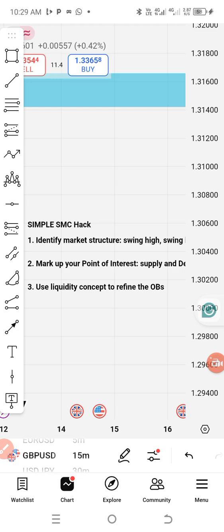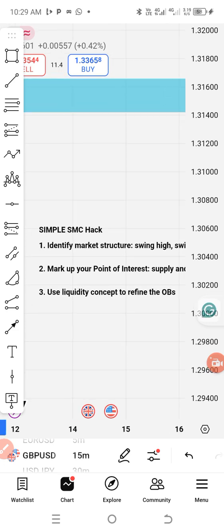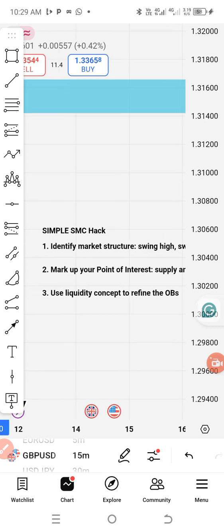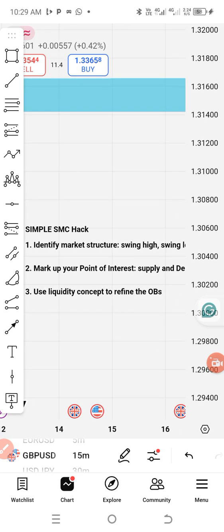Is the market trending up? Is it bullish? Is it bearish? And is it ranging? Once you can identify what the market is doing, you can identify the market structure. You see break of structure, you see change of character, then you see price moving up or going down, then you are 50% ready for that trade.